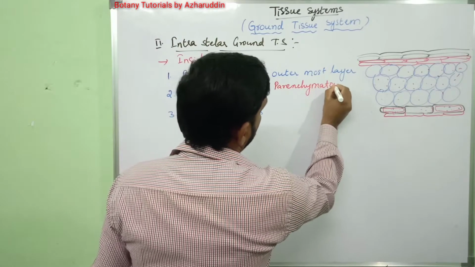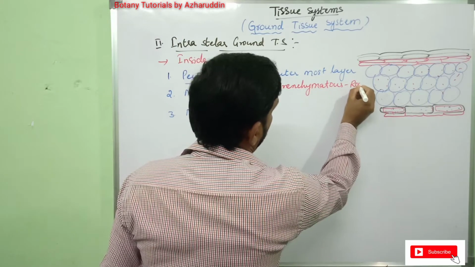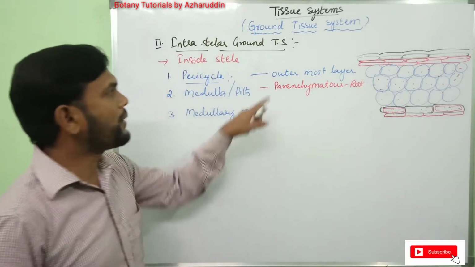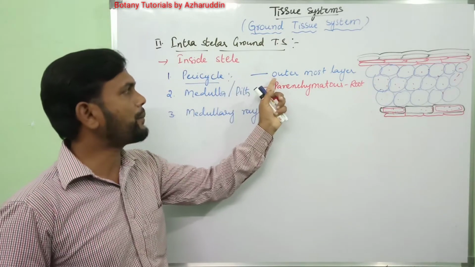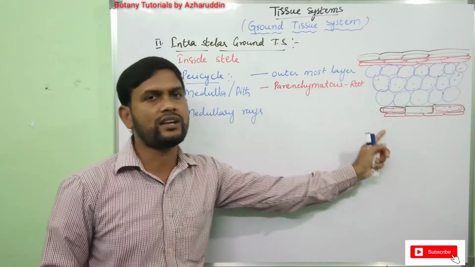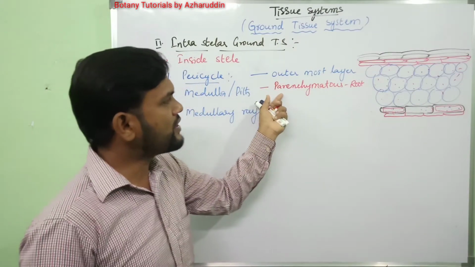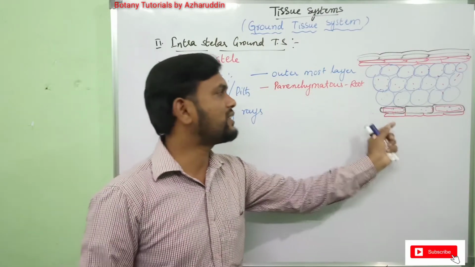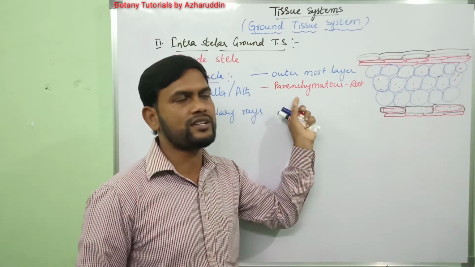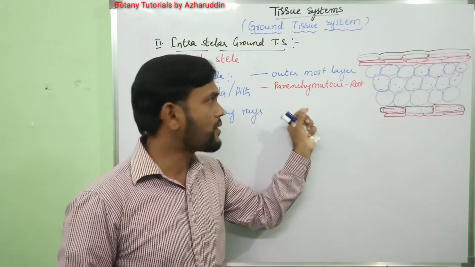Pericycle is found in roots. You understand? Once again I am repeating, pericycle is the outermost layer of the stele in which a single row of thin-walled parenchymatous cells is present in roots.